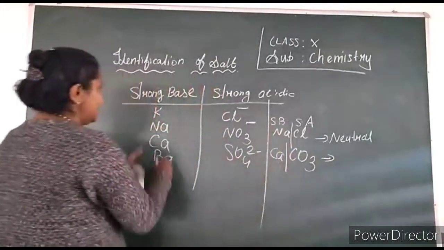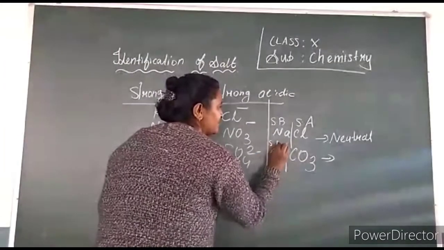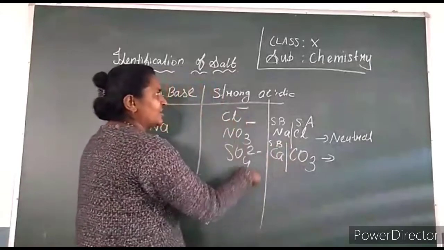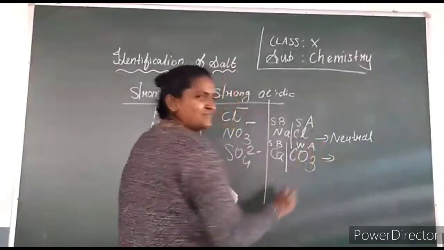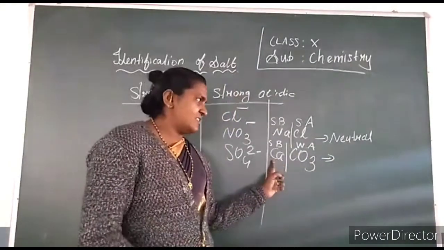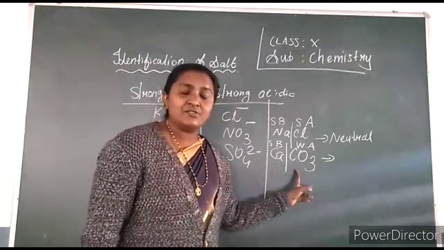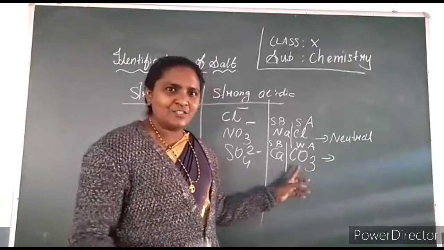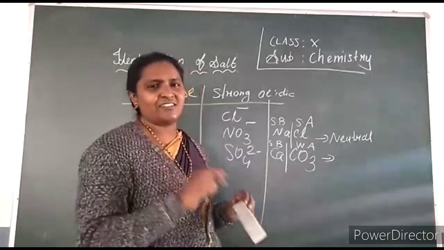Look at this, Ca is a strong base, isn't it? So you write it is a strong base. And what about carbonate? Not under this list. That means weak acidic group. So this is a combination of strong basic group and weak acidic group. So who is strong? Base is strong. So the salt is basic salt.